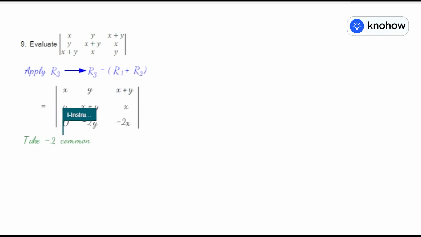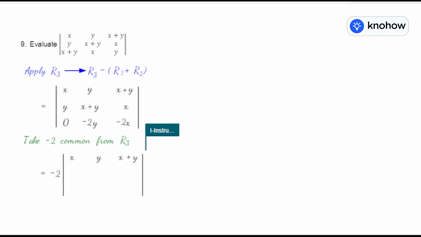Take minus 2 common from R3. So you have minus 2 times the elements of the first row: x, y, x plus y. The elements of the second row are y, x plus y, x. And now the third row will reduce to 0, y and x.